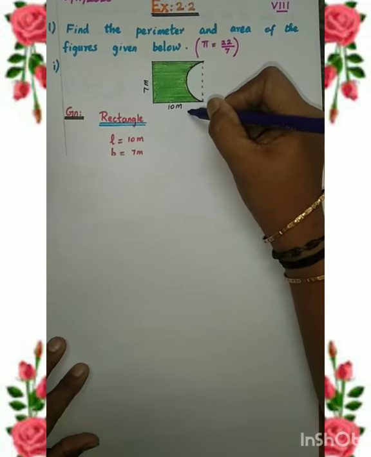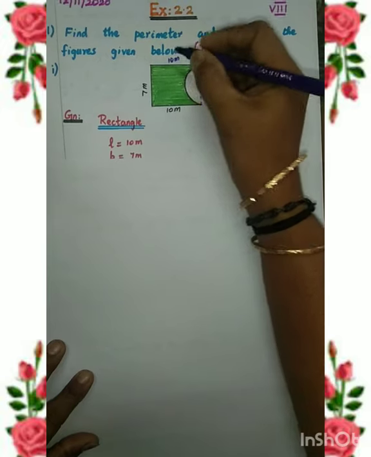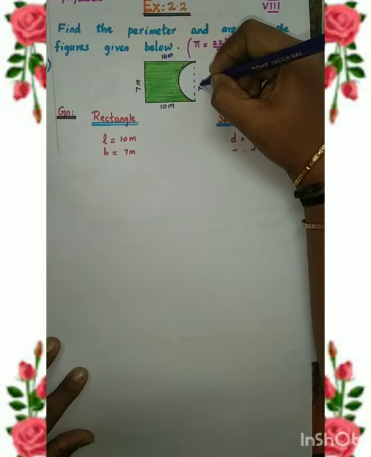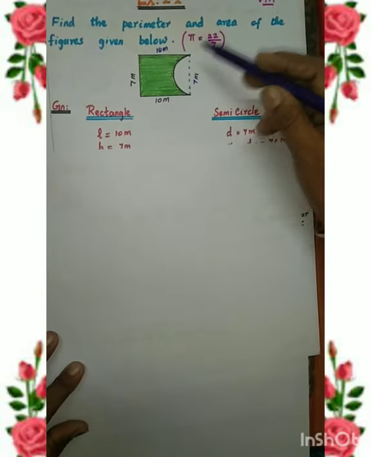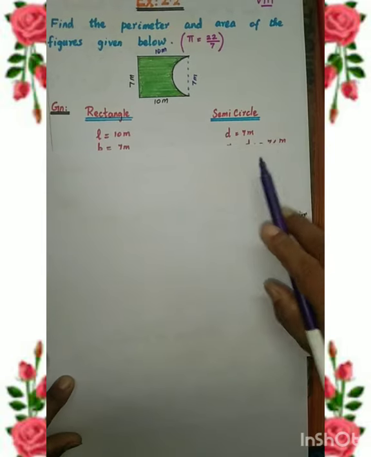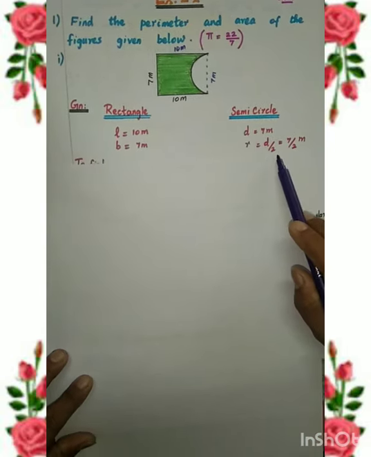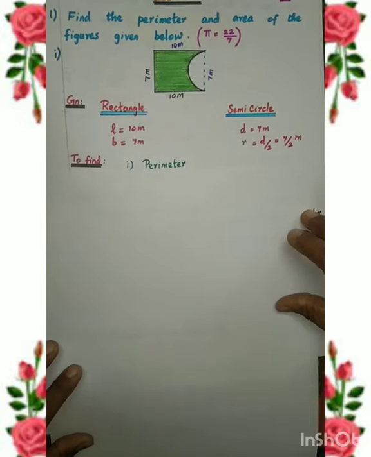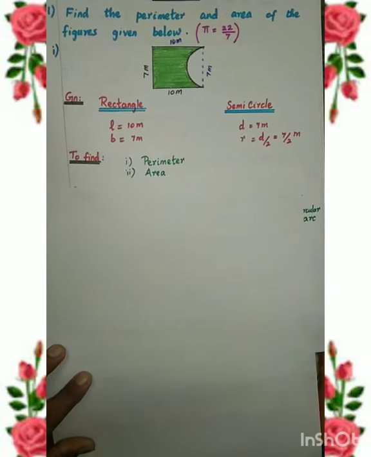So this side 10 meter means the opposite side is also 10 meter, and this side is 7 meter, so the opposite side is also 7 meter. That means for the semicircle it will be the diameter. So the diameter is 7 meter, and the radius is diameter by 2, that is 7/2 meter. We need to find the perimeter and area of the given shape.